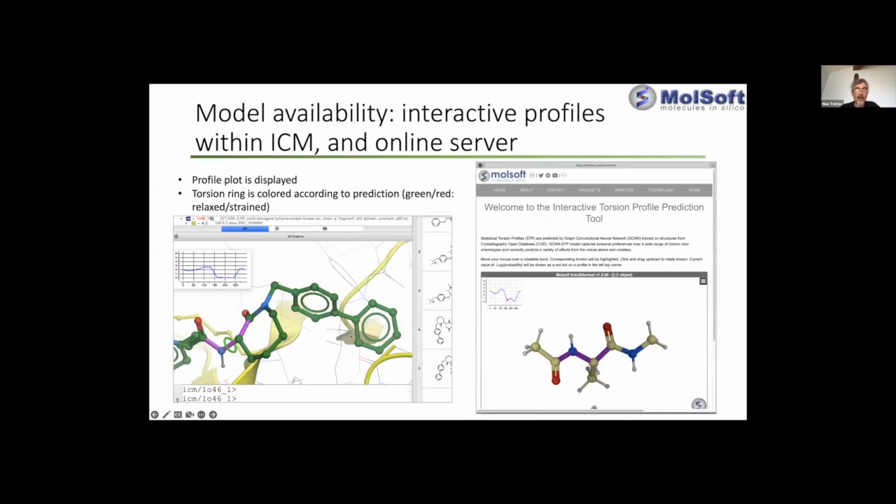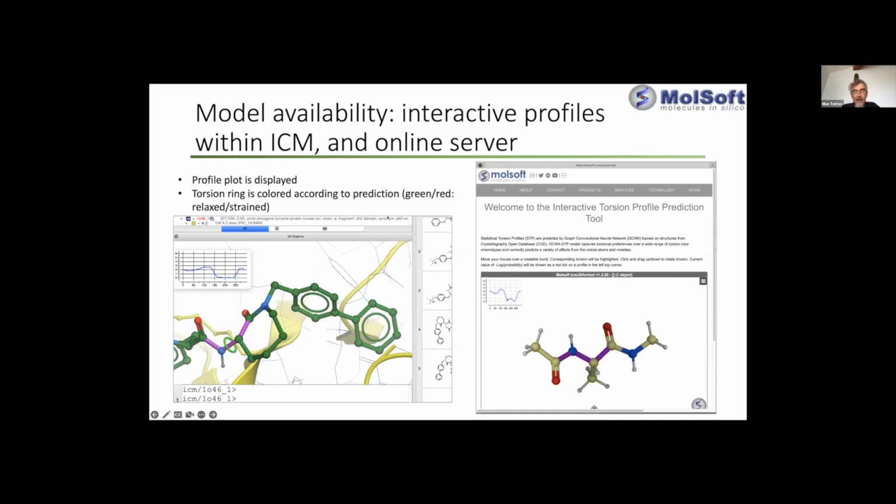Now, how can you access this in ICM? It's used now in the interactive mode, where if you just use a rotation tool in the 3D window, this kind of profile will show up, and the little red dot will slide along it as you rotate. The rings on torsions, when you label torsions, are also colored according to the model, so that the red ones are those that have suspicious angles, and green ones are good.